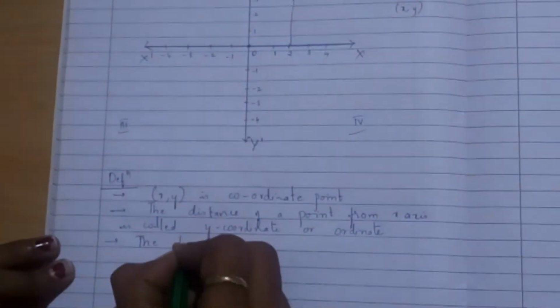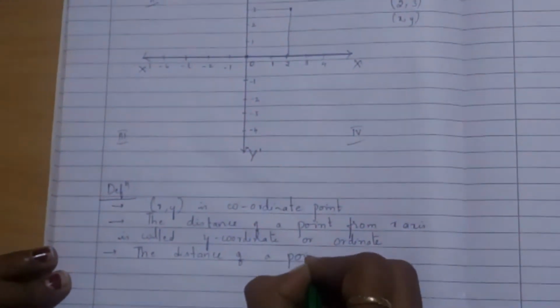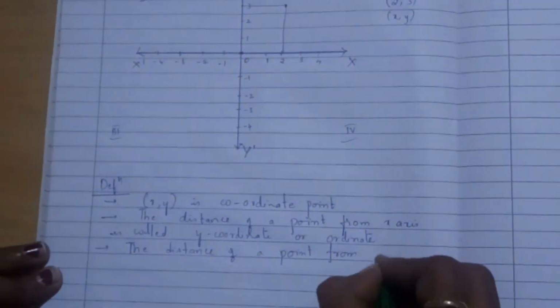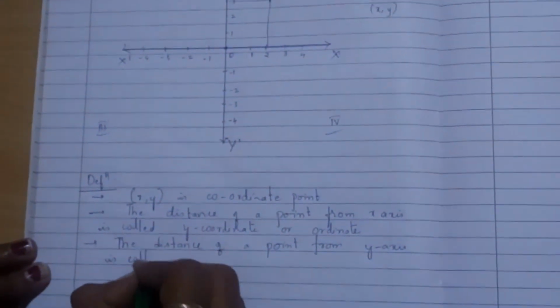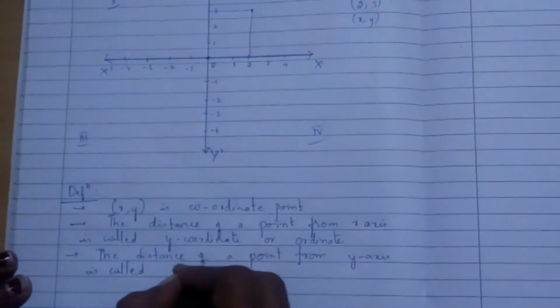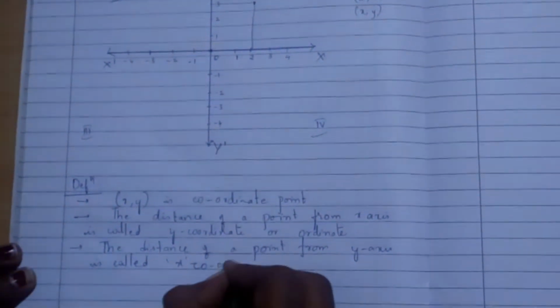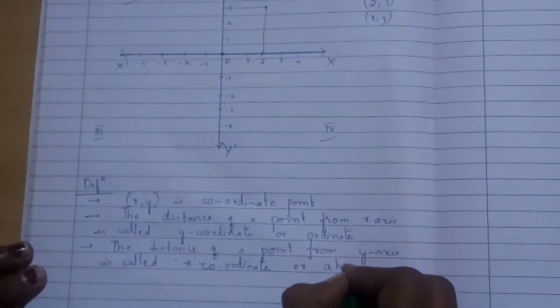Similarly, the distance of a point from the y-axis is called the x-coordinate, or abscissa.